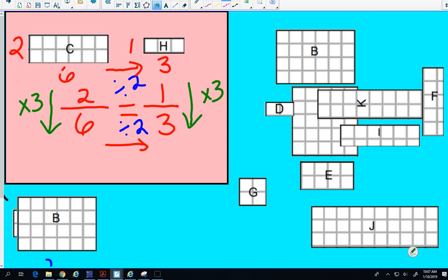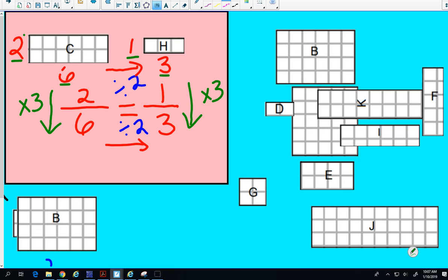The long side of C is 3 times the short side. The long side of H is 3 times the short side because 1 times 3 is 3. So you can look at it that way, just like we did when we were doing proportions and word problems. You can look at the relationships going vertically, and you can also look at them horizontally.